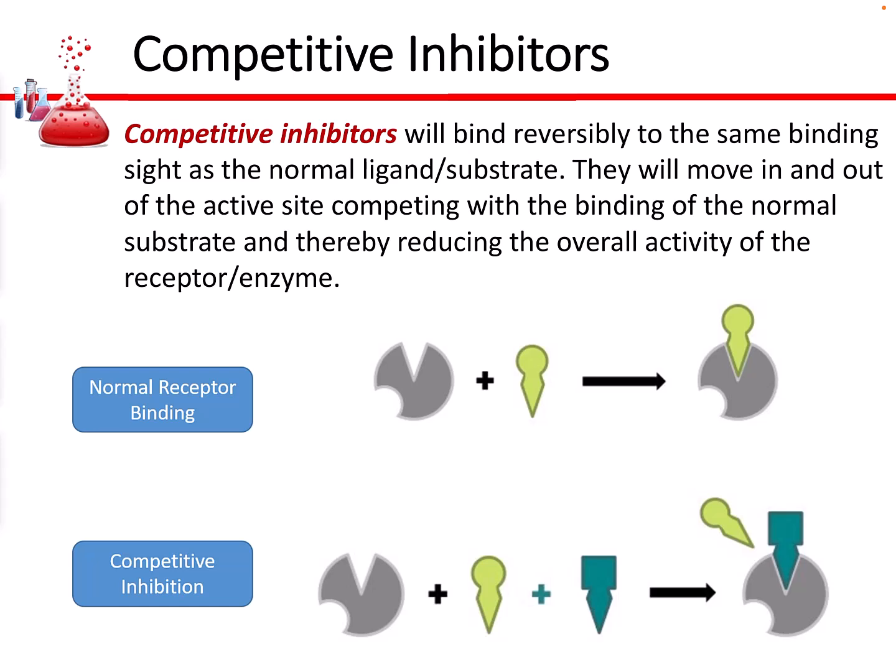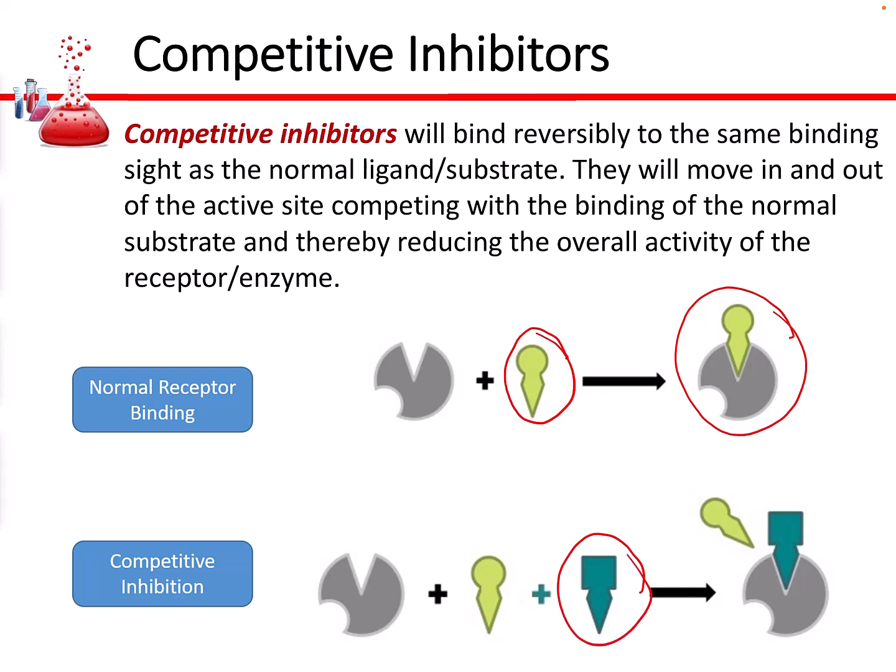So if we have normal receptor binding, this is the normal ligand that would bind and activate this enzyme or a receptor inside the body, right? So maybe this is dopamine inside the brain. It's going to activate the neurotransmitter in there. If we have a molecule that can block that activity, this is our drug molecule.